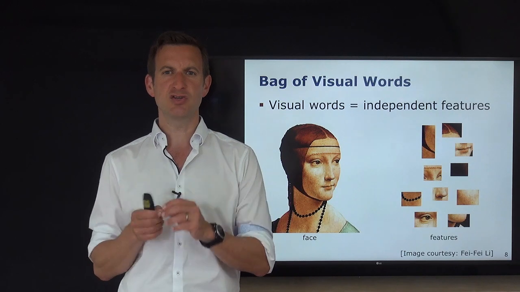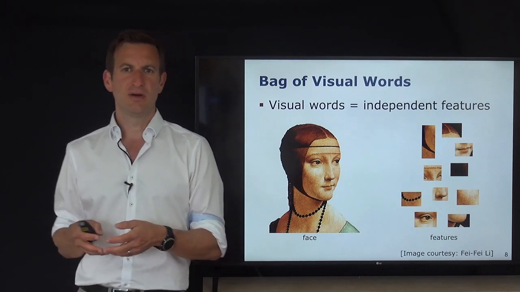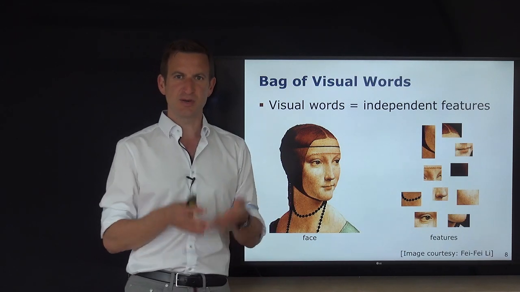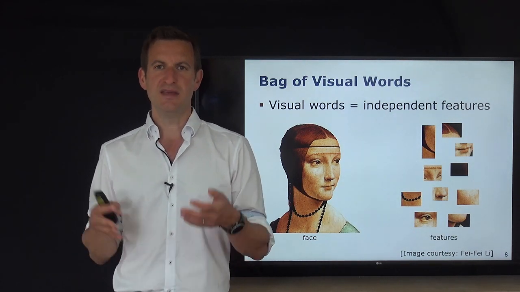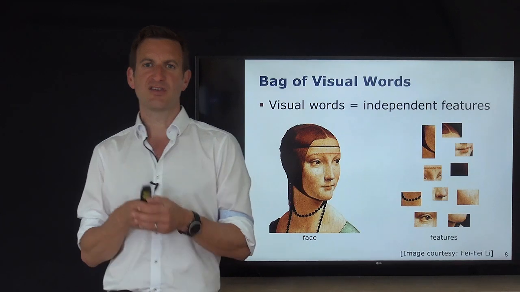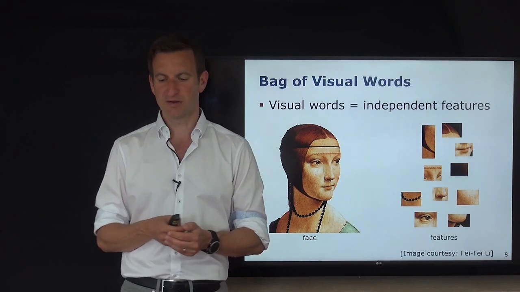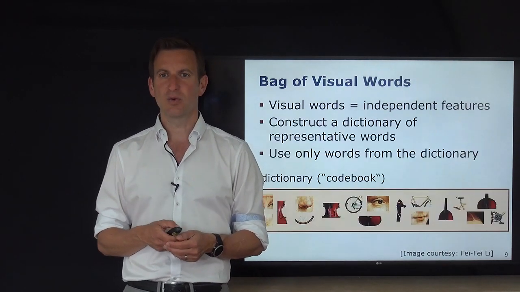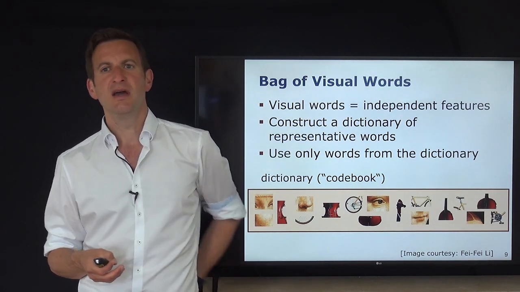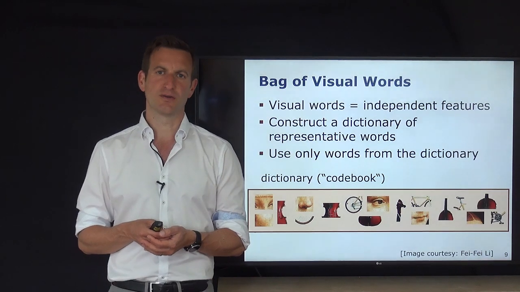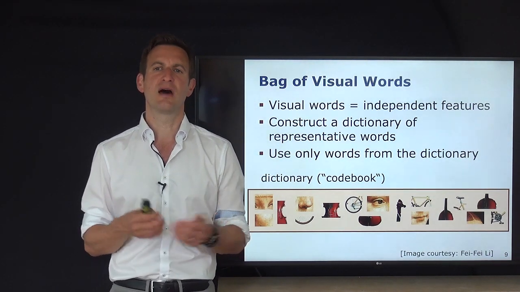So I kind of need a dictionary. Similar to, let's say, the Oxford English Dictionary, which describes which words are allowed in the English language, the visual dictionary tells us which features are allowed for describing those images. So we need a codebook or a visual dictionary which tells us what the allowed words are, the words we want to take into account in our approach.